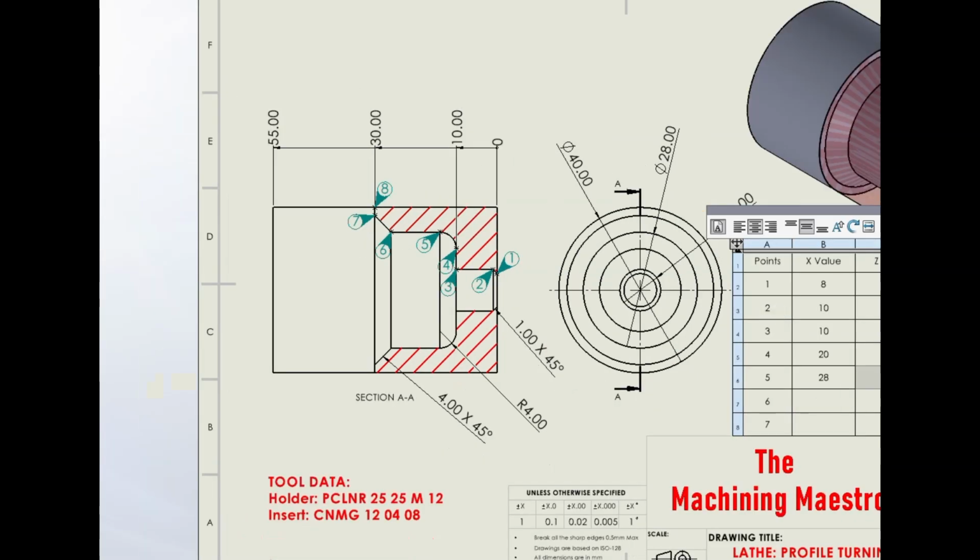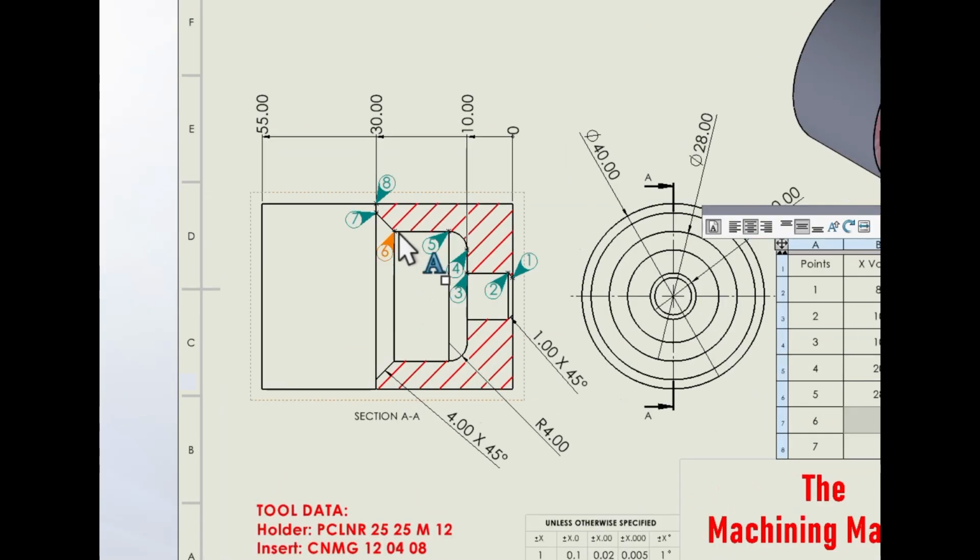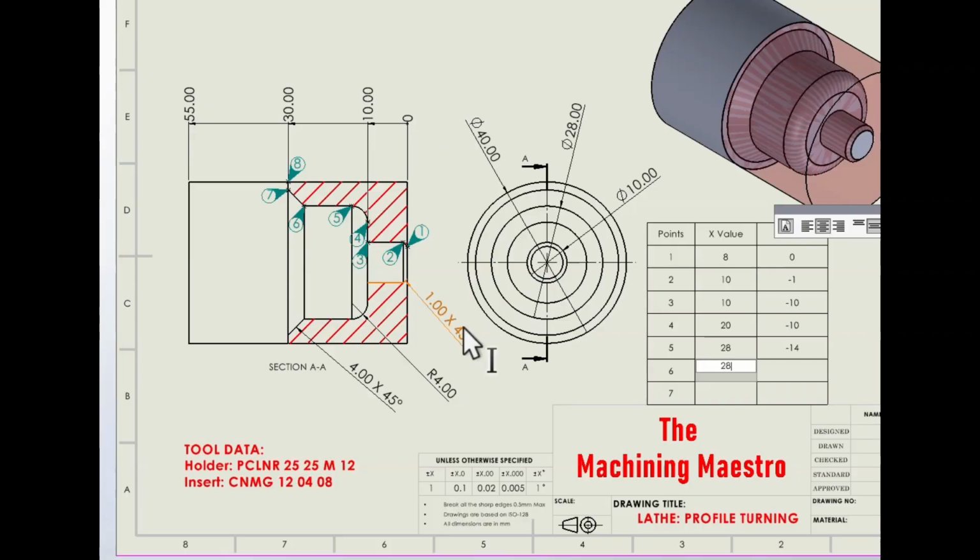So 10 plus 4 is 14, so put minus 14. At point number 6, there has not been any change in diameter compared to point number 5. So put the diameter as it is, 28. I'm putting 28 here.